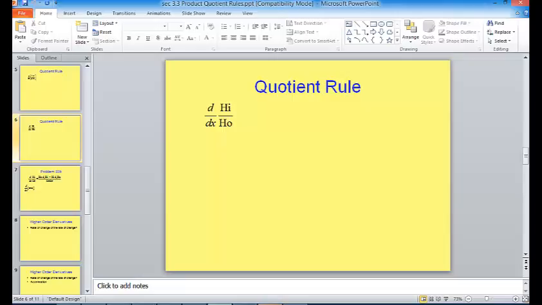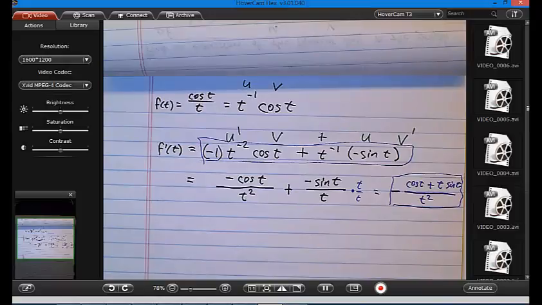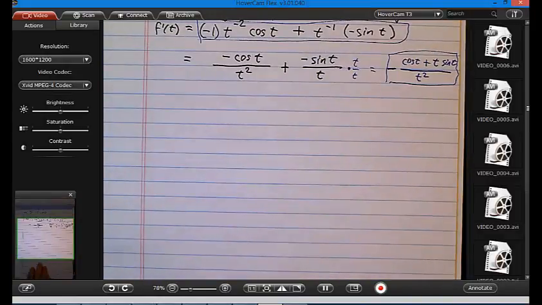I'm going to show you how to use this, okay? Let's go back to the problem we were just doing, and let's do the problem over again using the quotient rule. I mean, we had a quotient, right? So, let's do this again with the quotient rule. And so I'll write the quotient rule over here.